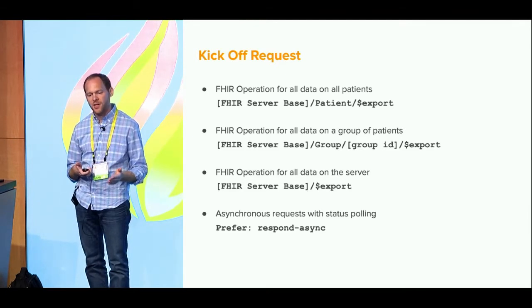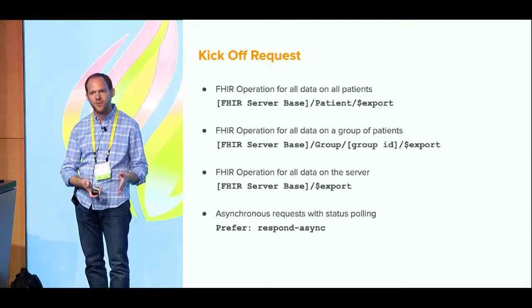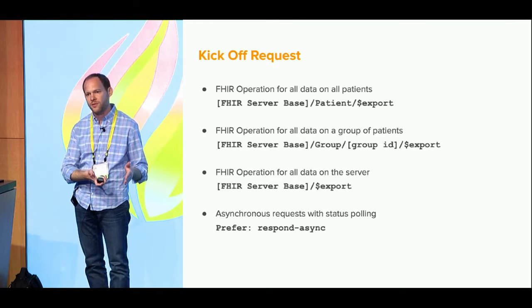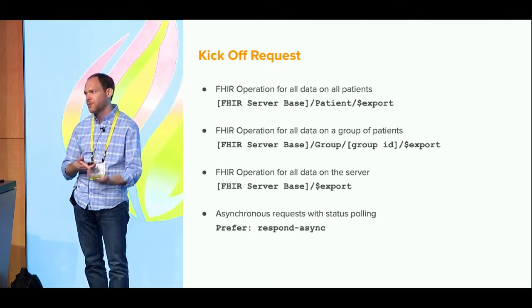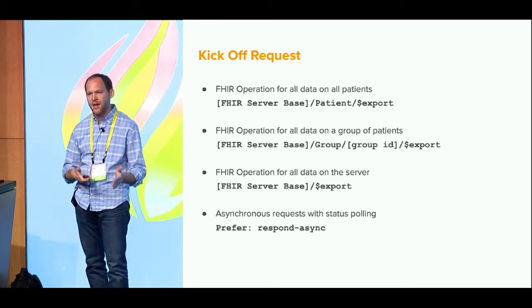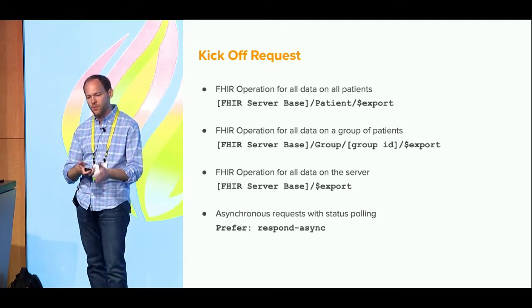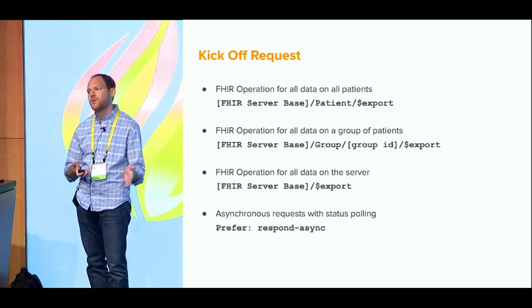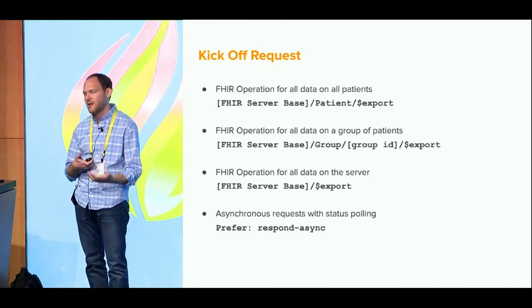The second operation is actually building on top of the FHIR groups, the group FHIR resource. So FHIR has a resource where you can define groups of patients. And so we take advantage of that and say, you're going to specify a specific group, and then for that group, you can do an export of all the patients' data in the system.